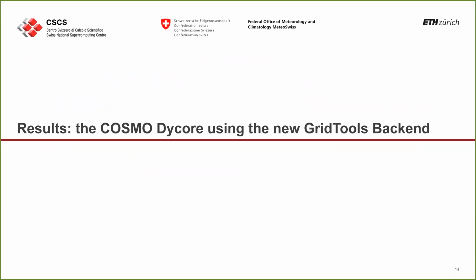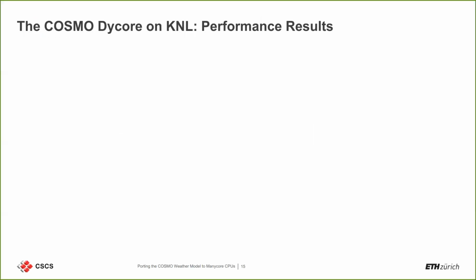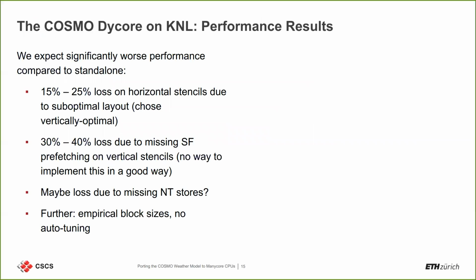So yeah, the next step was of course implementing the KNL backend using those findings. We already knew that the performance should be significantly worse than what we have seen in the standalone experiments.